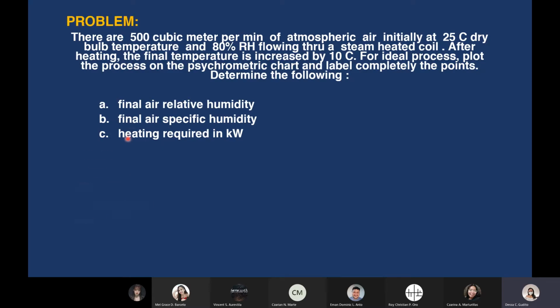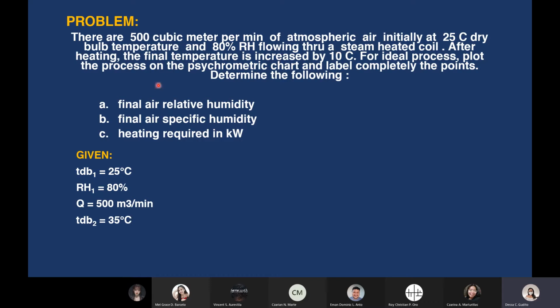So in this problem, what is given is dry bulb at state 1, which is 25 degrees Celsius, relative humidity at state 1, which is 80%, and then our volume flow rate, which is 500 cubic meter per minute, and then we have dry bulb temperature at 35 degrees Celsius, because it increases by 10 degrees Celsius, so 25 plus 10, we get 35 degrees Celsius.